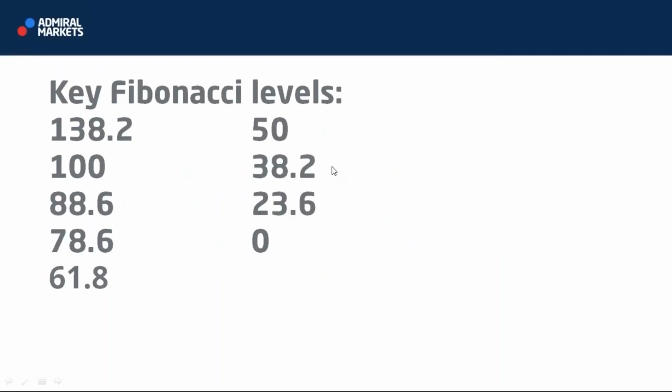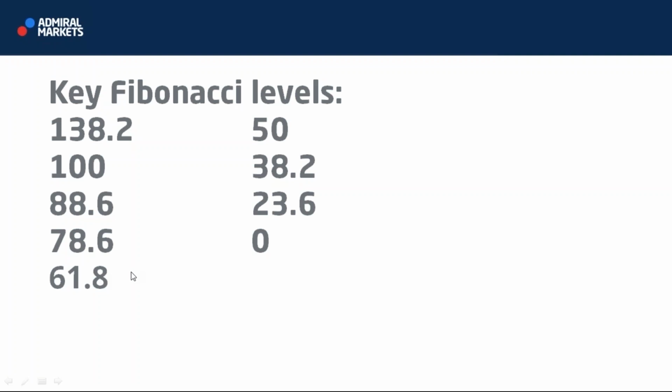So last week we talked about key fib levels. Just a very quick reminder, for those that maybe missed it or would like to have a rehearsal. Basically, we use the Fibonacci levels, some of them are key Fibonacci levels like the golden ratio 61.8, which is based on the division of the Fibonacci sequence levels.